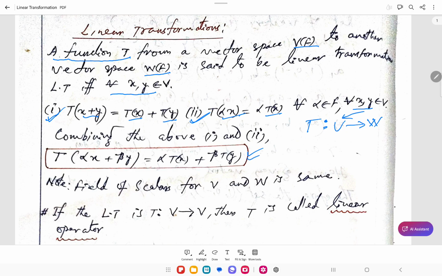So from now onwards, T will be called a linear transformation if it satisfies this identity. Given a function T, if we have to check whether T is a linear transformation or not, we have to verify this identity.